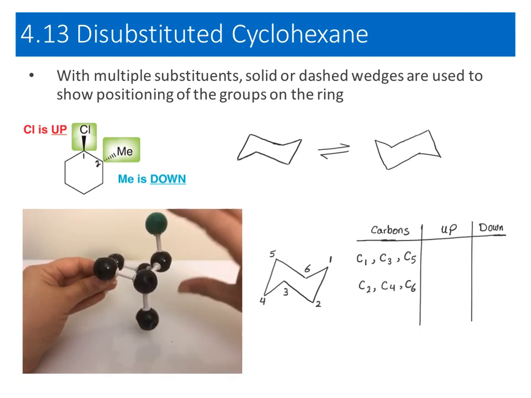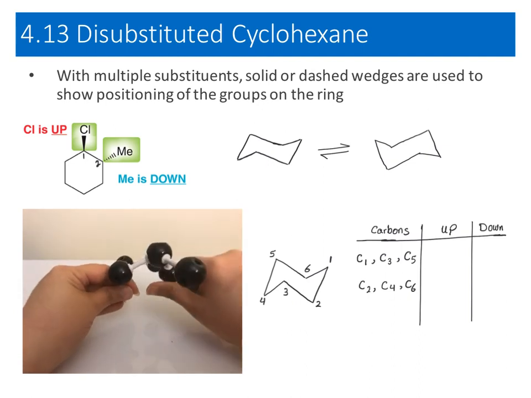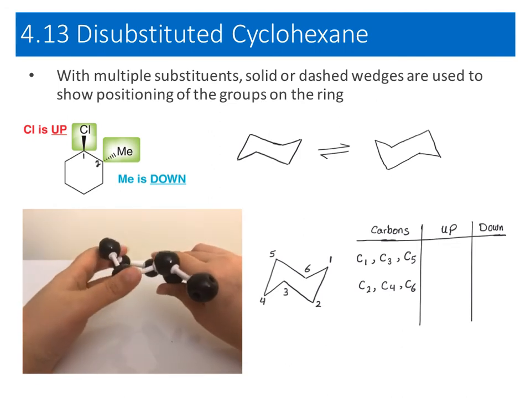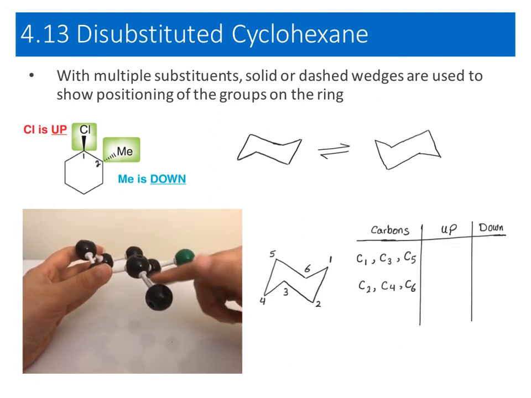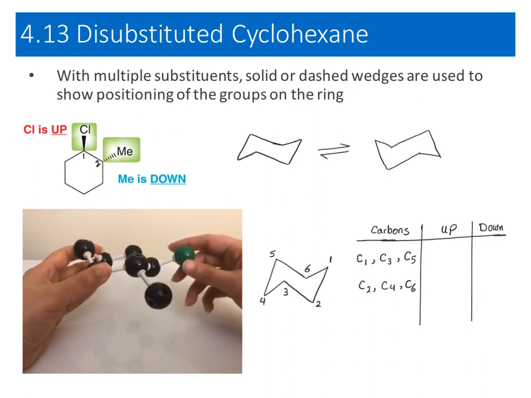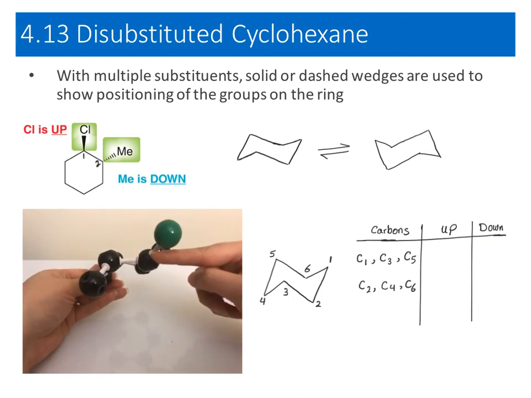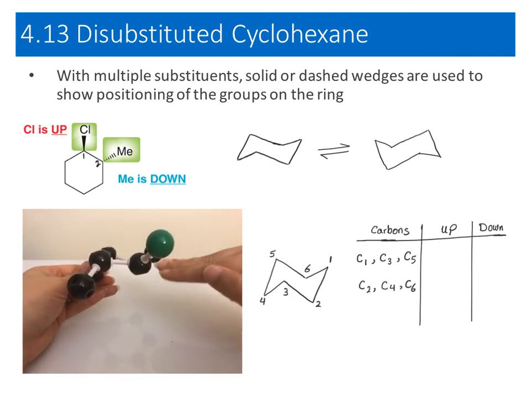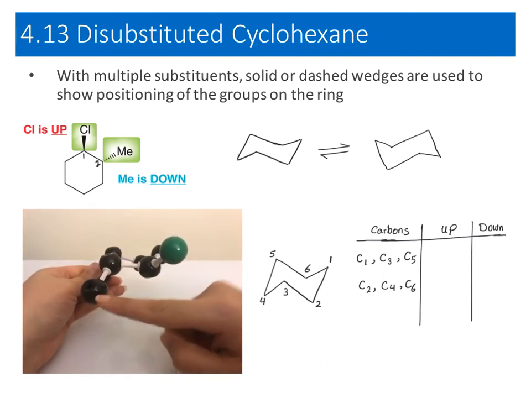Okay. Now the chair flip can happen, and upon chair flip, so now both of these groups are in the equatorial position. So if I rotate the ring, chlorine is still up compared to the plane of the ring, and methyl is pointing down.